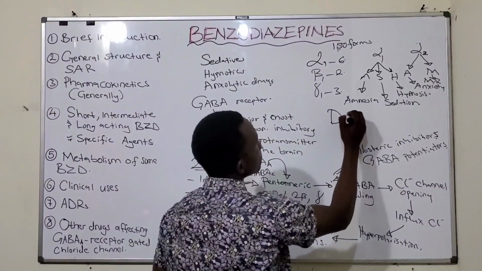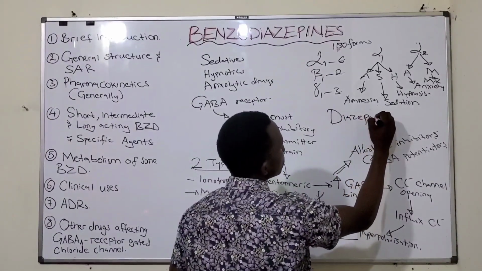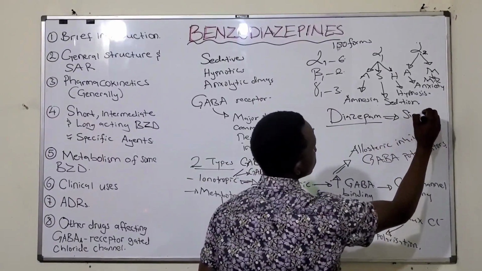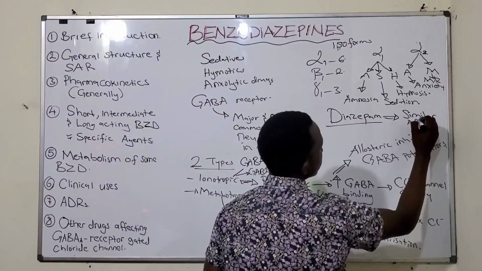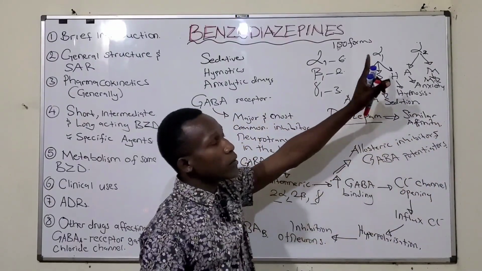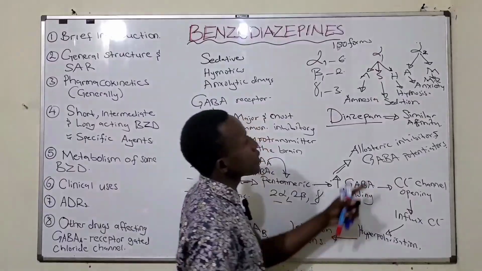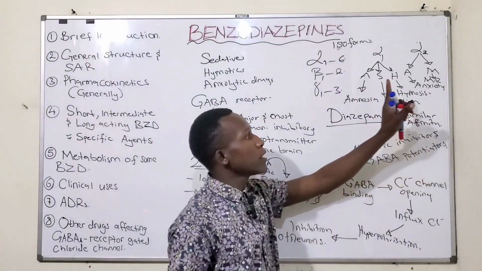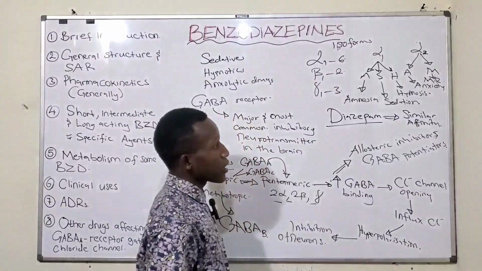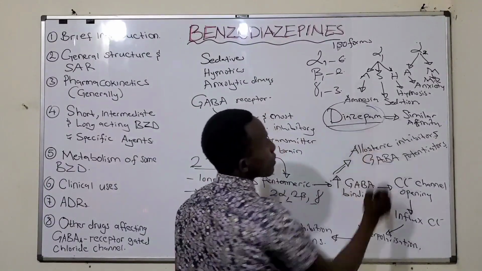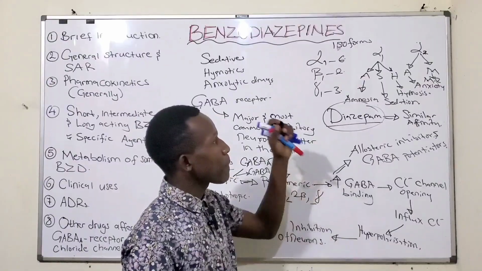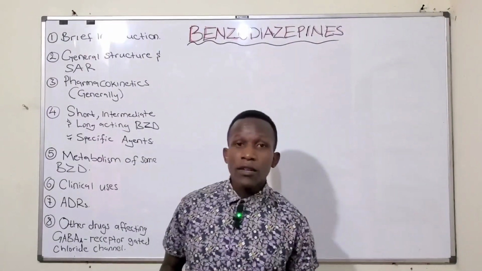Diazepam has similar affinity for all the subunits, alpha 1 and alpha 2. That's why it can be used as a sedative, hypnotic, anxiolytic, and muscle relaxant. It has a broad affinity for all subunits.